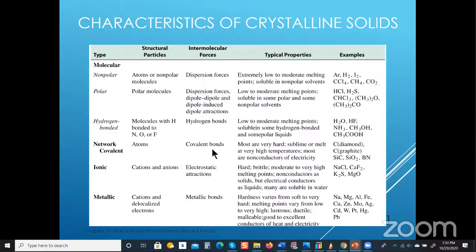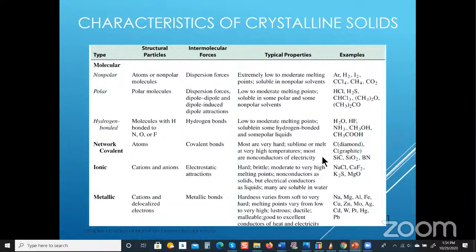But the thing about it is that they don't exist as discrete units, as molecules. Basically, you have a continuous linkage, seemingly forever, where you have atoms linked to each other, right? And we see that in some examples. For example, in the case of carbon, silicon carbide, silicon dioxide, and boron nitride, in these cases, you have that sort of situation.